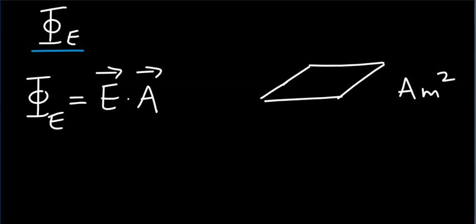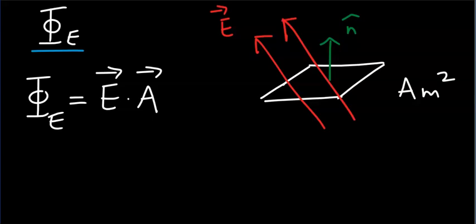We already know that the normal vector is heading like that, n hat. Now let's assume you have electric field penetrating the surface area in that direction, like that. And this electric field makes a certain angle with the normal vector. Let's call that angle theta.